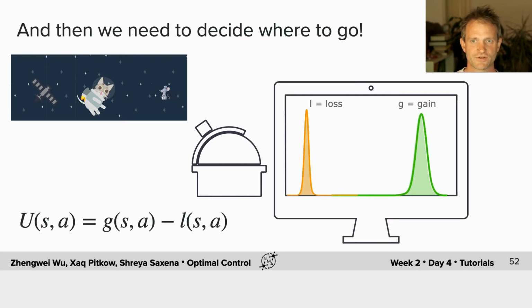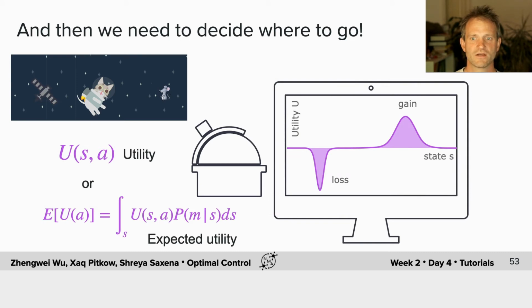Now, of course, we still need to decide where AstroCat is and where he might want to go, and to do that we need to think about, say, the loss if he hits the satellite, or the gain if he's near astromouse. And so we can think of this as a utility function. With the utility function, we can then, now integrating, calculate the expected utility based on a choice of where we think AstroCat is or could go.